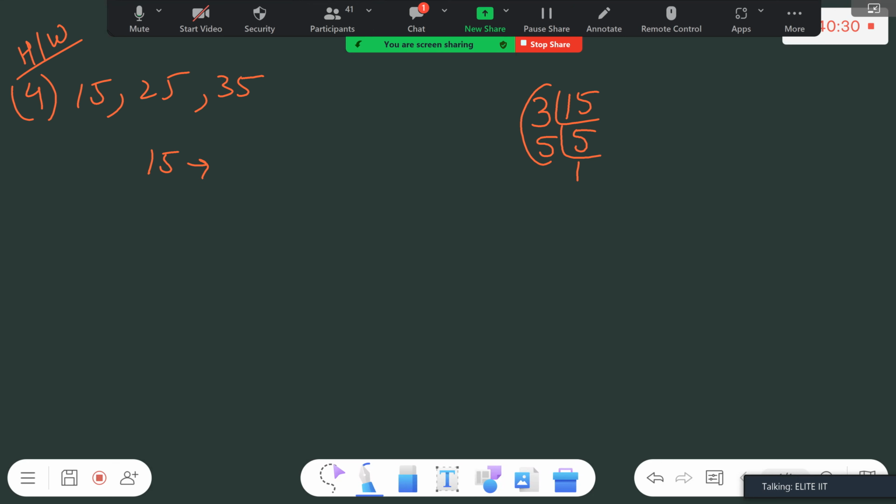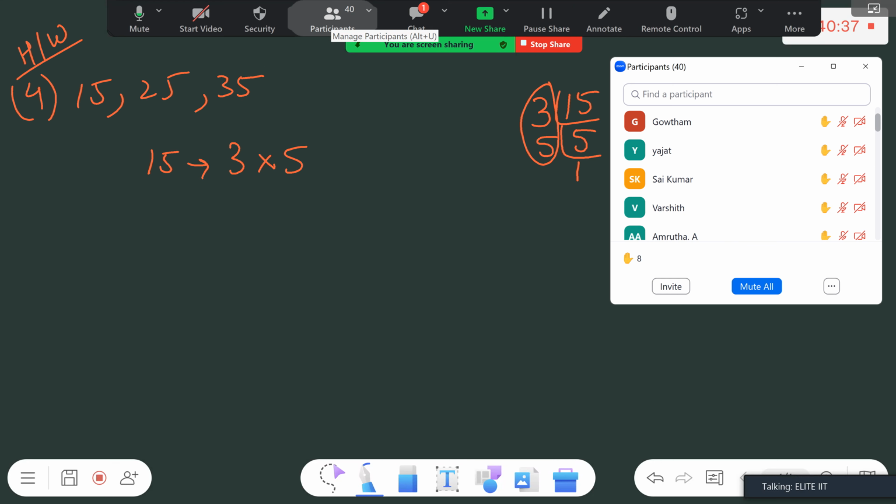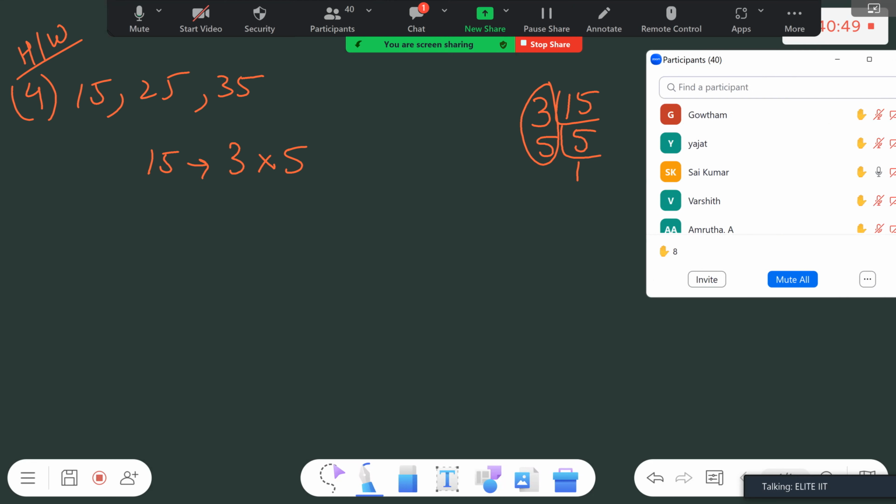So what is 15? 3 into 5. Sai, is it okay? Stay online, don't mute, okay? So Sai, is it clear? 15 can be written as 3 into 5.